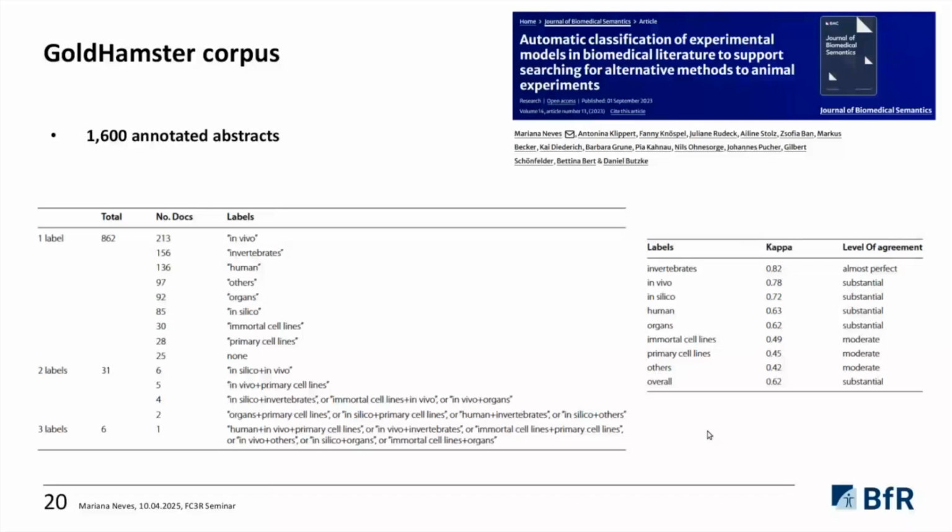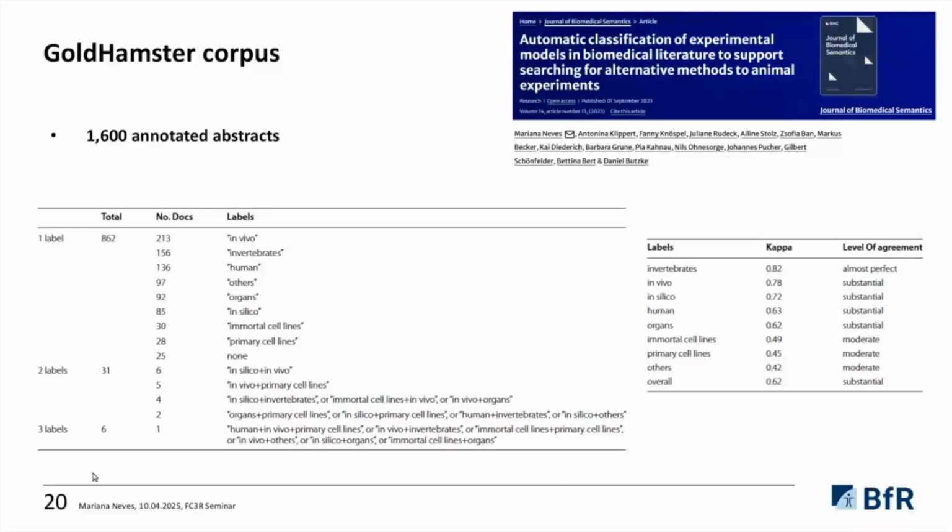So here on the right, you have the agreement using this kappa agreement. So you can see that the agreement was sometimes perfect for invertebrate, but also very high for the other labels. But it's not perfect because people sometimes have a different opinion regarding the methods.